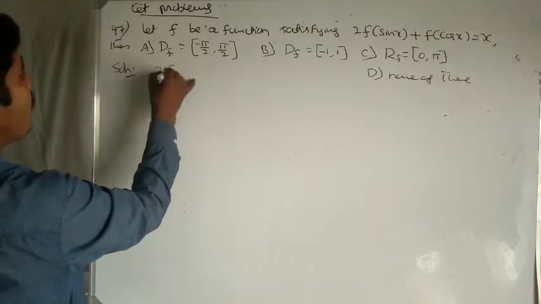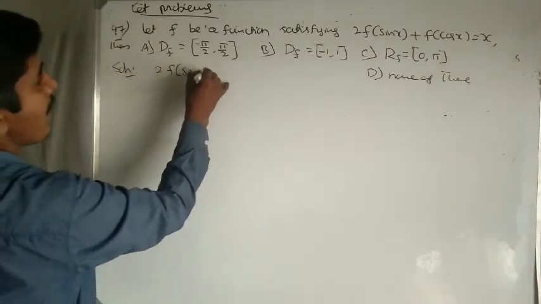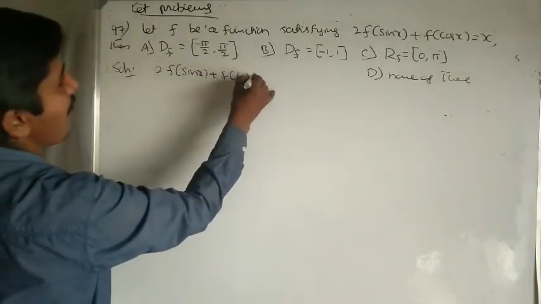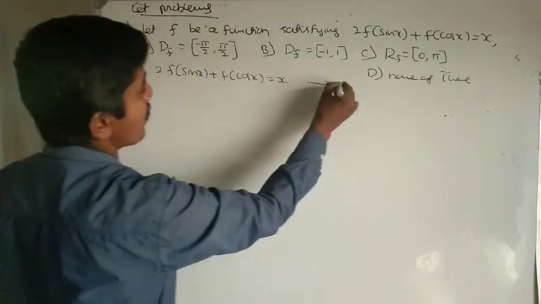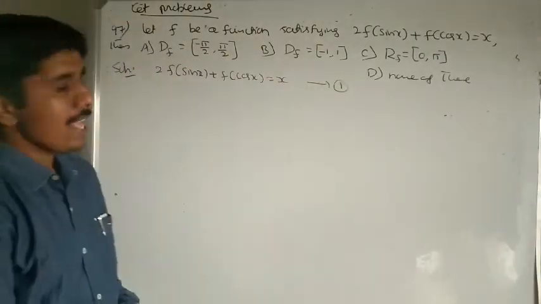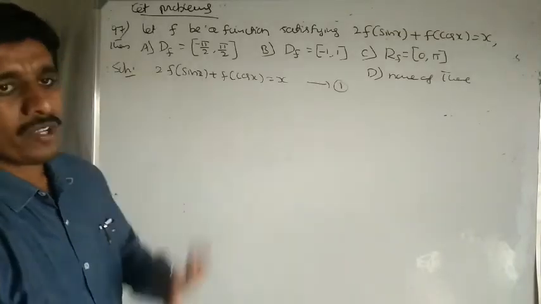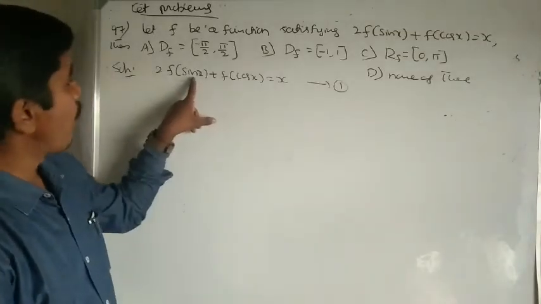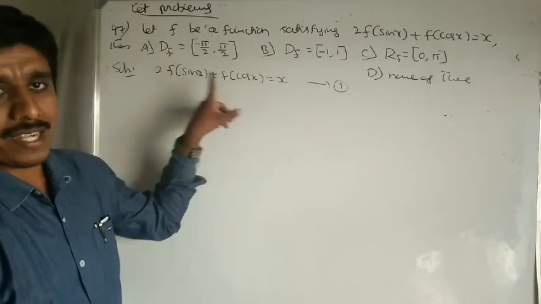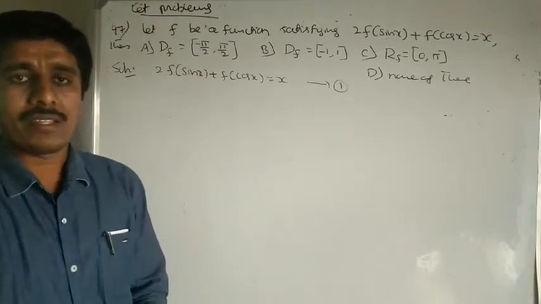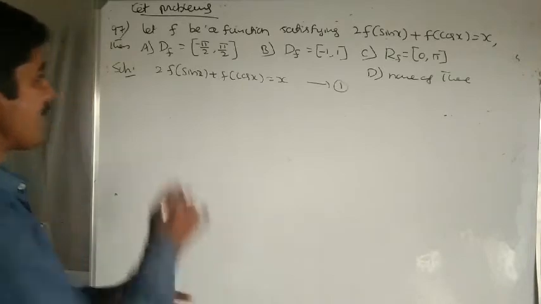So here we have 2 into f of sin x plus f of cos x equal to x, called equation 1. And we are replacing x by pi by 2 minus x, because both sin x and cos x are contained in the given function.